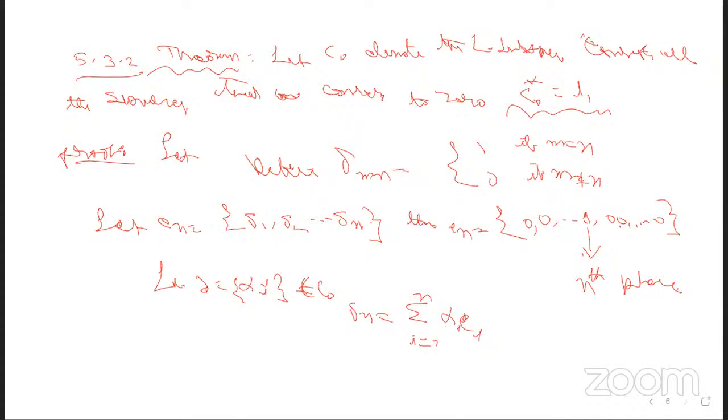So it follows that norm of x minus sn infinity equal to supremum of mod alpha i where i equal to n plus 1, n plus 2, so on.